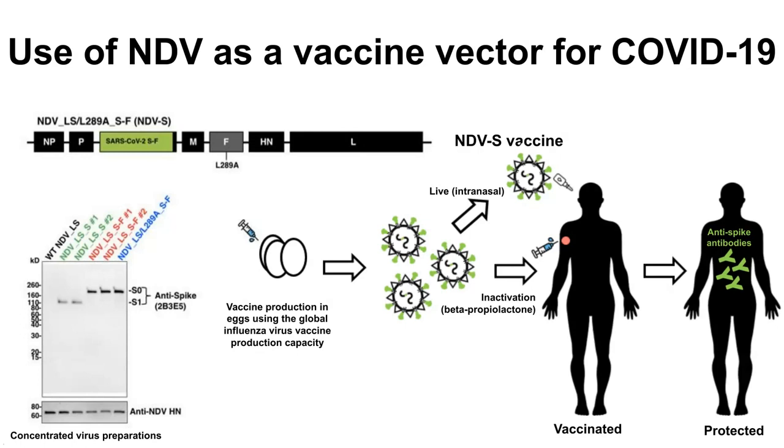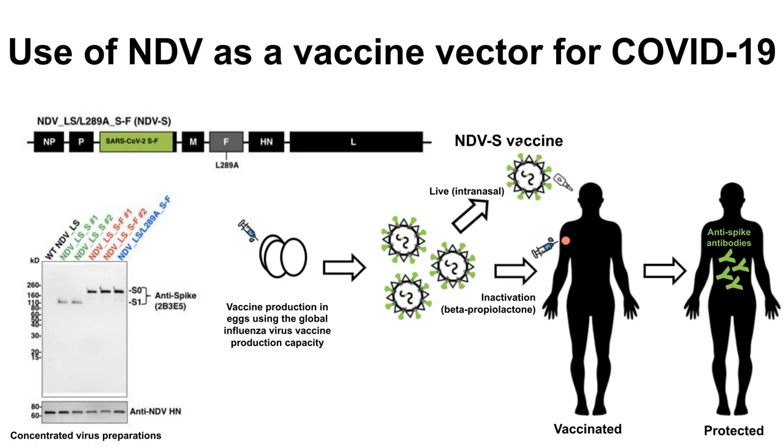But in addition, we can also make one more modification, in the carboxy terminal region of the protein, the one that anchors the protein into the membrane. We have made a version in Newcastle disease virus that has removal of the transmembrane cytoplasmic domain of the protein and replacement with the transmembrane cytoplasmic domain of one of the proteins of Newcastle disease virus.